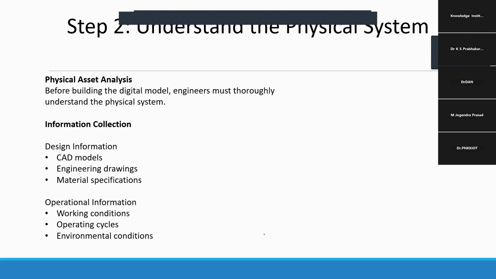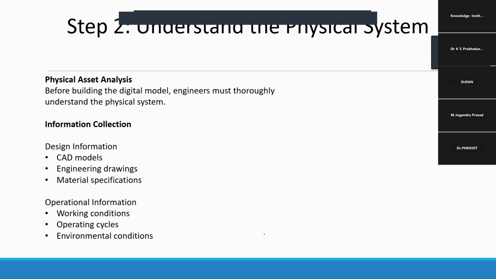We can gather the information from geometric CAD models. For performance, we can use different kinds of software. Suppose you want to understand the deformation, then you can use FEM. For thermal analysis, you can use thermal models. You also have to understand the material, what kind of material you are going to use, and the material condition is also very important.